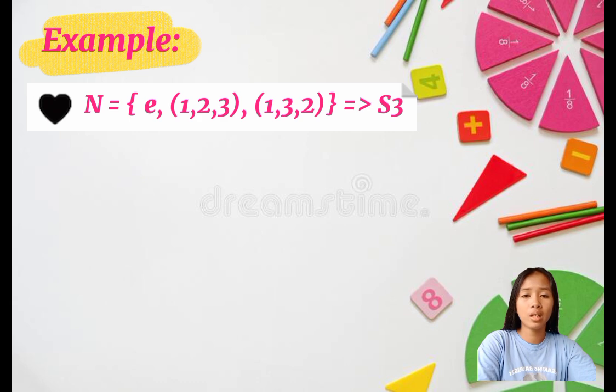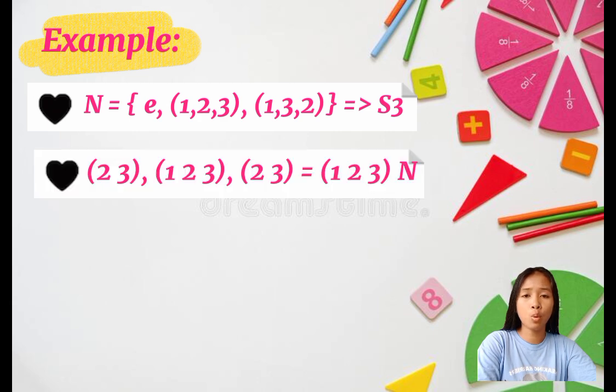So let's look at one example of a conjugate of this particular permutation. We're going to compose an element on the left and its inverse on the right. In this case, the permutation (2 3) is its own inverse. So the conjugate looks like this, and take note that the permutation (2 3) is an element of the group S3, so this is a valid conjugate. And if we go through this composition of permutations from right to left, it is equal to this permutation, which is an element of N, as we expected.